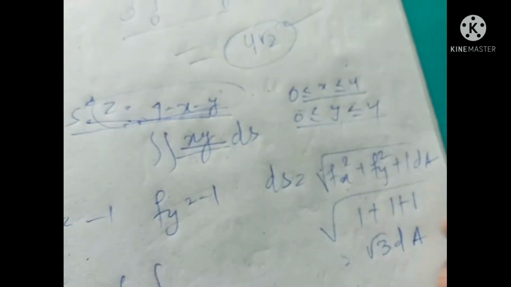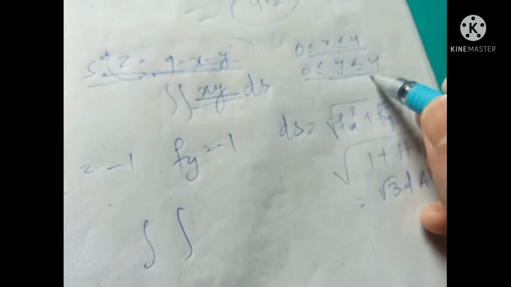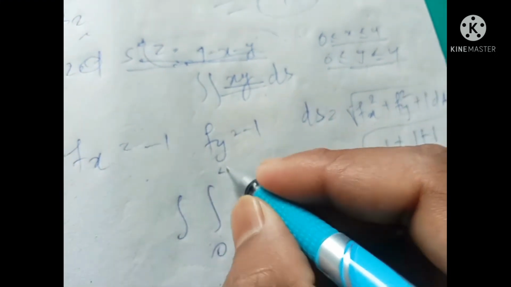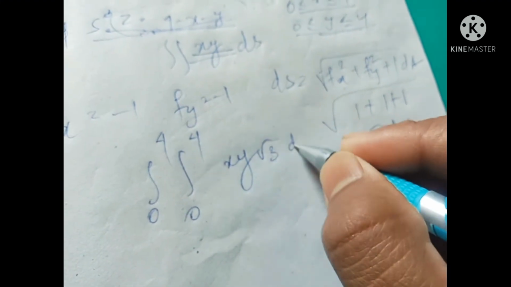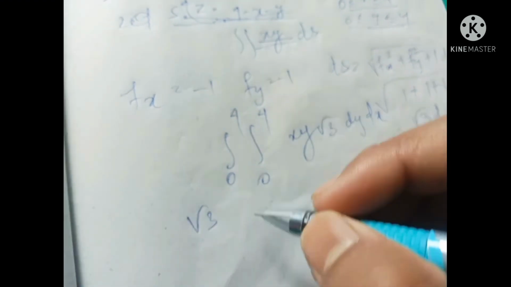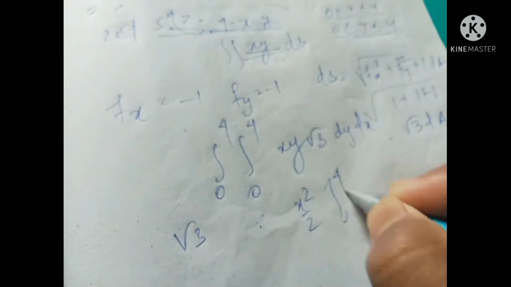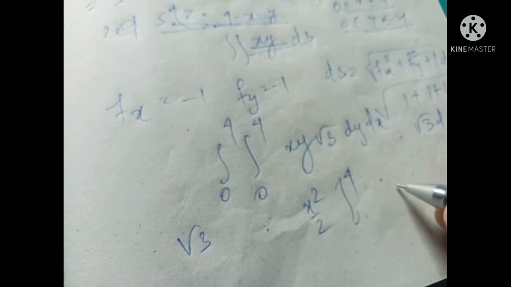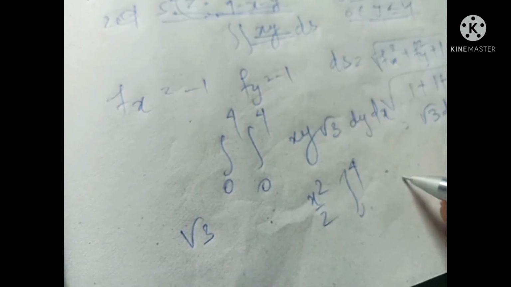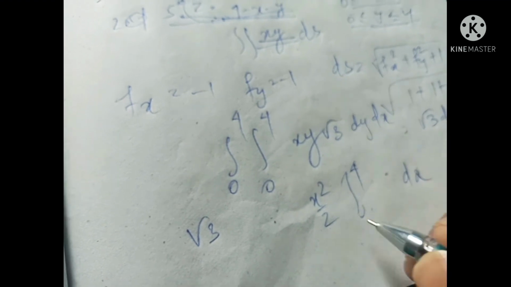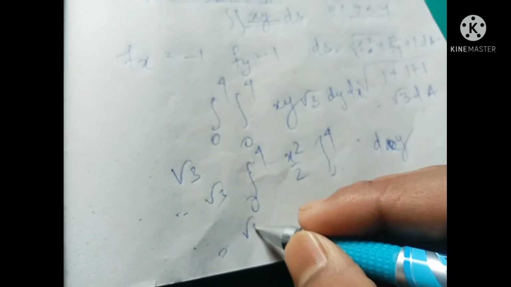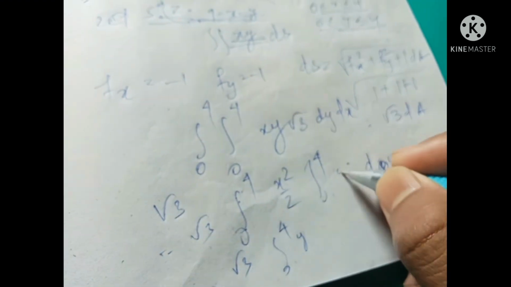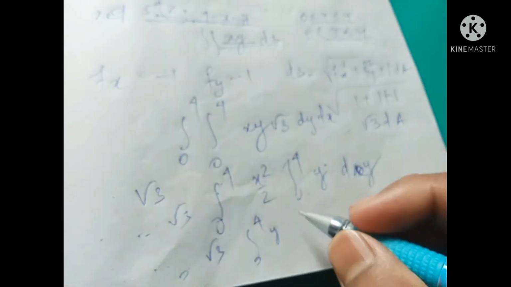Simply compute now. Here x varies from 0 to 4, and y also from 0 to 4, of xy root 3 dy dx. Taking root 3 outside, we get x squared by 2 from 0 to 4, and after that dy. This is also 0 to 4 root 3, then 0 to 4, here is y dy, then 4 squared is 16 by 2 means 8y.